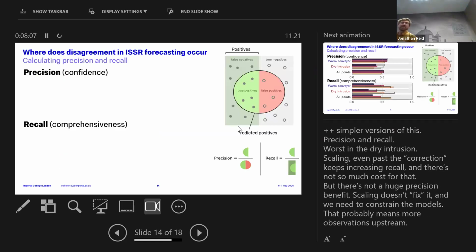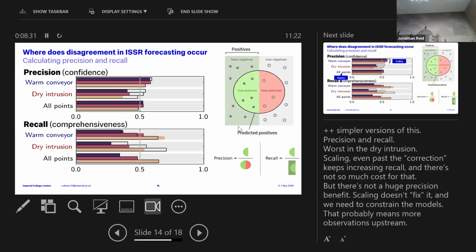So what we do is we calculate these performance metrics, the precision and the recall, on an individual measurement basis. The precision tells us something about the confidence in the diagnosed population of ice supersaturated regions, and the recall tells us the comprehensiveness: how many of the ice supersaturated regions that we observe when we go and look for them do we actually see. So this is what we get.